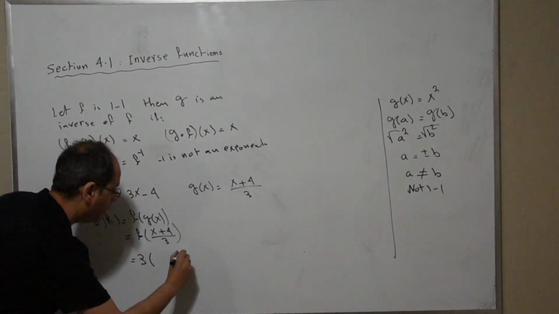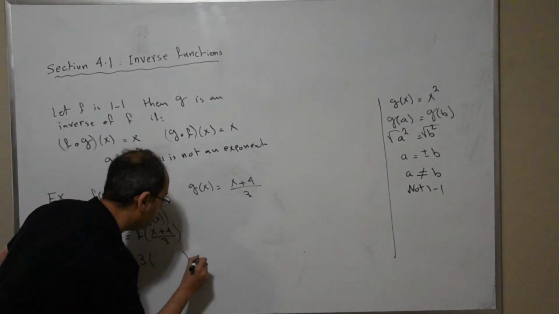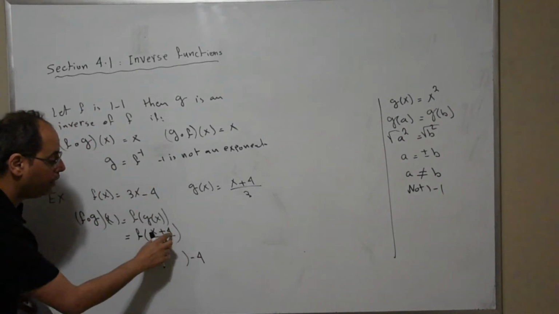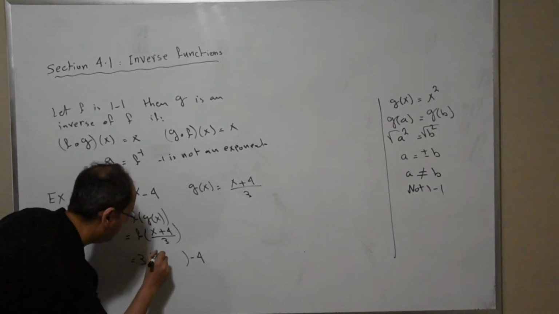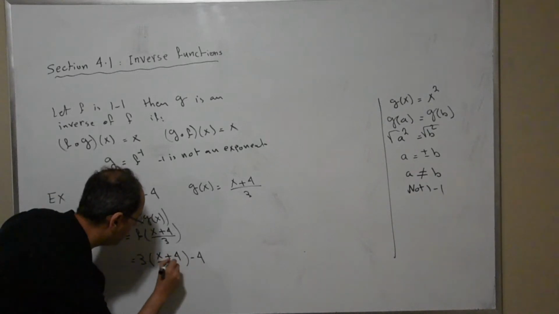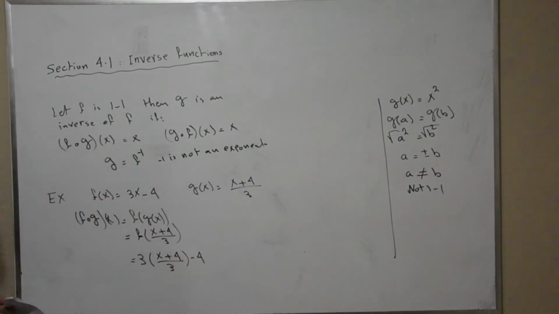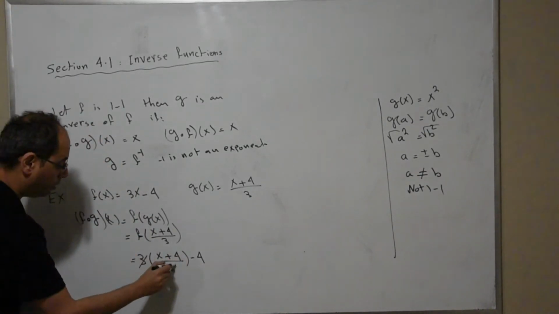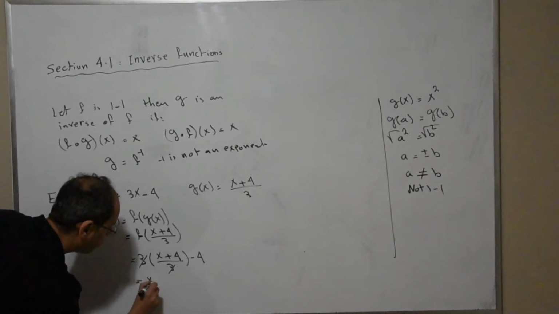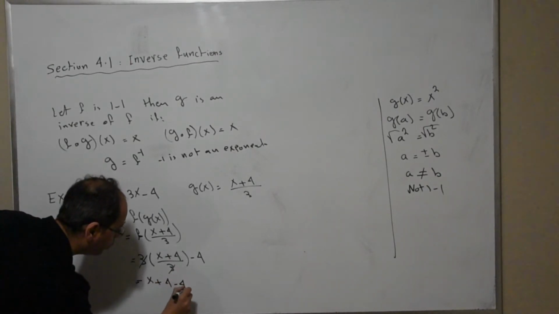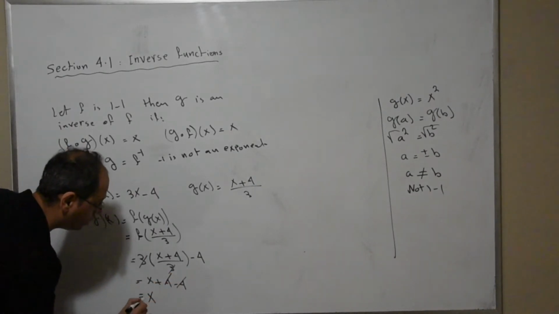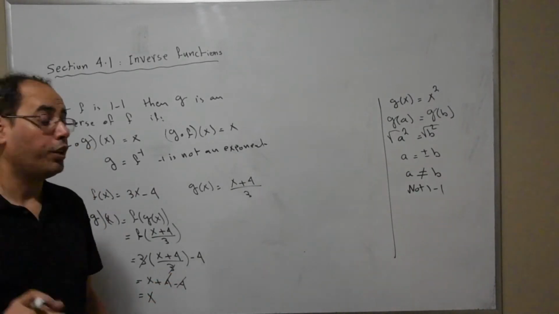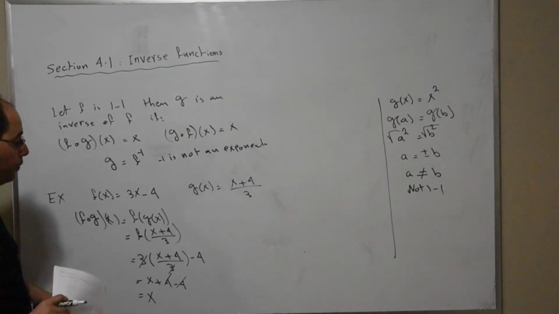So x, I'm going to make parentheses, minus 4, and then I plug x plus 4 over 3 here. Let's distribute that. 3 with 3 is cancelled out, so I have x plus 4 minus 4, and 4 and -4 are cancelled out, so the answer is x. So far so good. Half of the solution is okay.